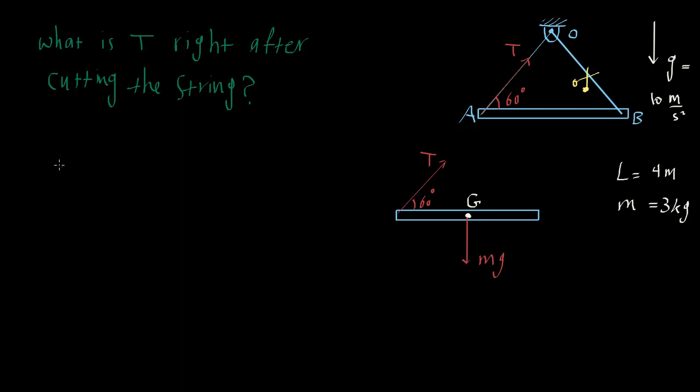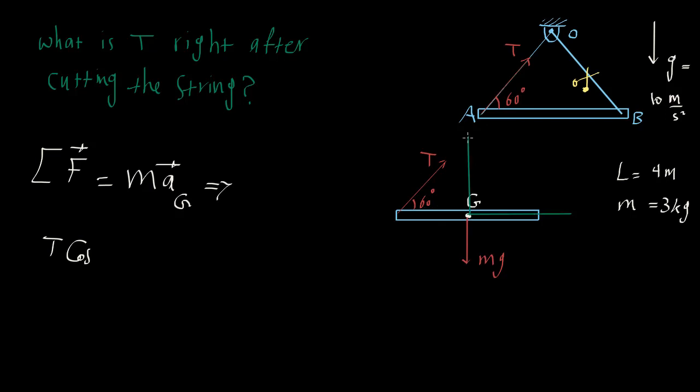So let's write down Newton's equation here. Sigma F is equal to m a_G. Let me also draw the coordinate system here. Let's say this is the x-axis, and this is the y-axis.